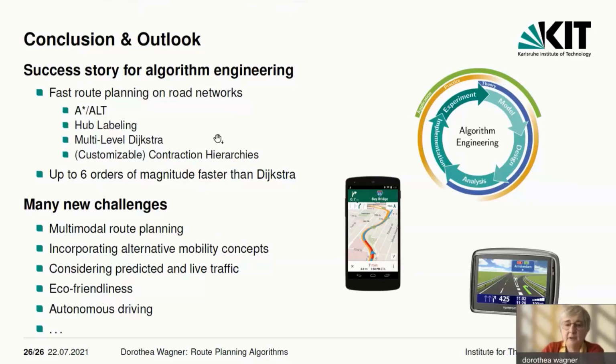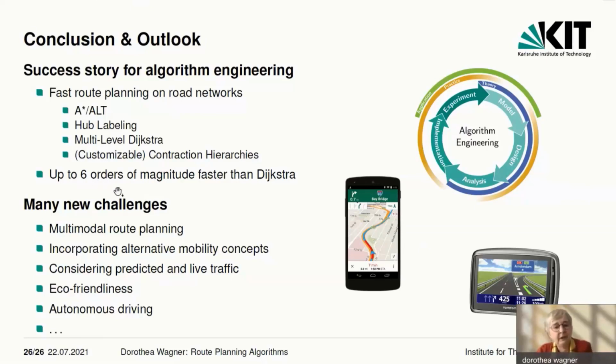Multi-level Dijkstra can also be applied in such a scenario. So there is also this customizable version of multi-level Dijkstra. Actually, historically, it was even the first customizable technique. And the fastest techniques we have for computing shortest paths or route planning are up to 6 orders of magnitude faster than Dijkstra's algorithm.